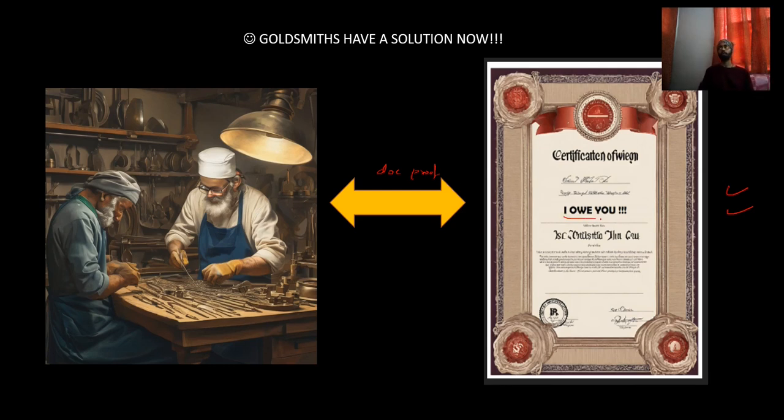I owe you. So this was the first kind of storage facility that was offered for precious metals, mainly gold and silver coins. Now with time, the goldsmiths realized something.